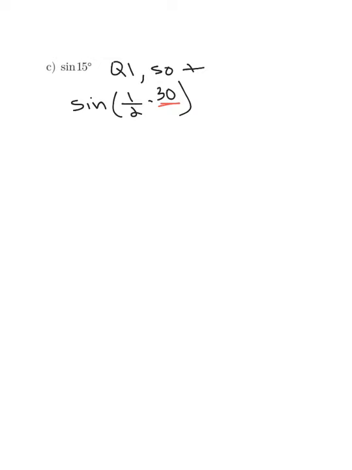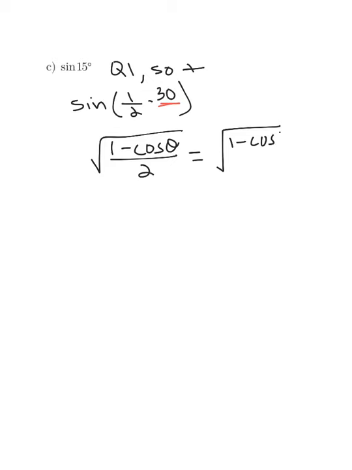The formula for sine, just so you have it, is the square root of 1 minus cosine theta over 2. We already know this is going to be positive, so I didn't put the plus or minus on the front. So for our problem, this is going to be the square root of 1 minus the cosine of 30 over 2.